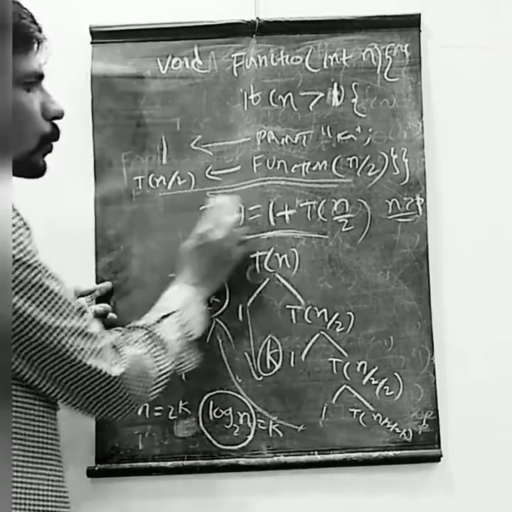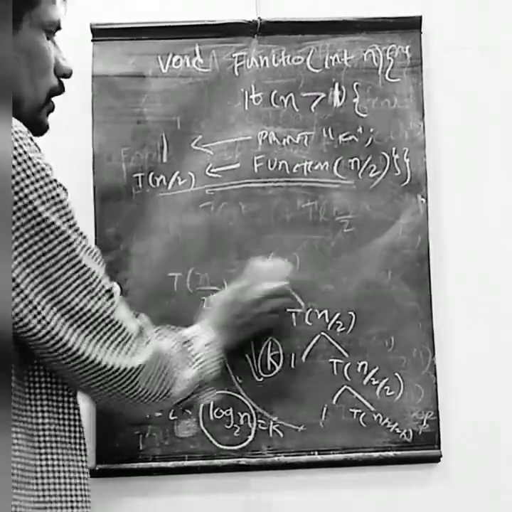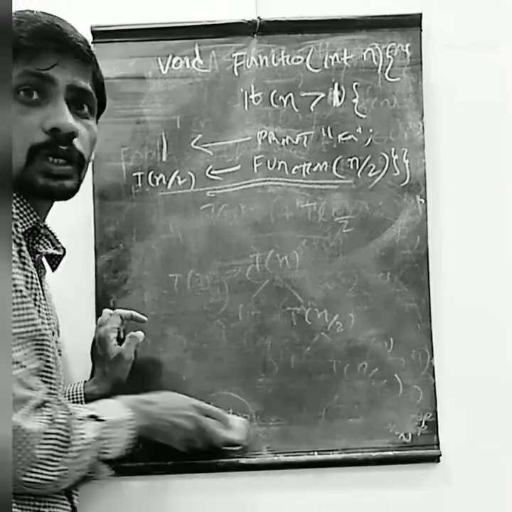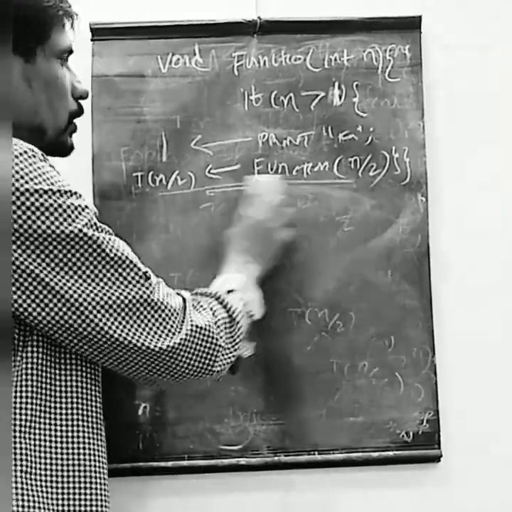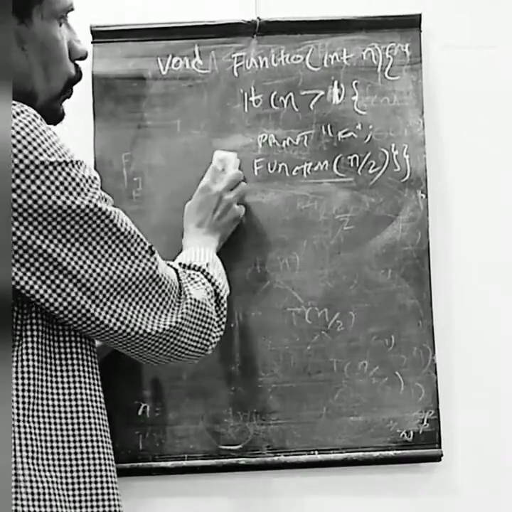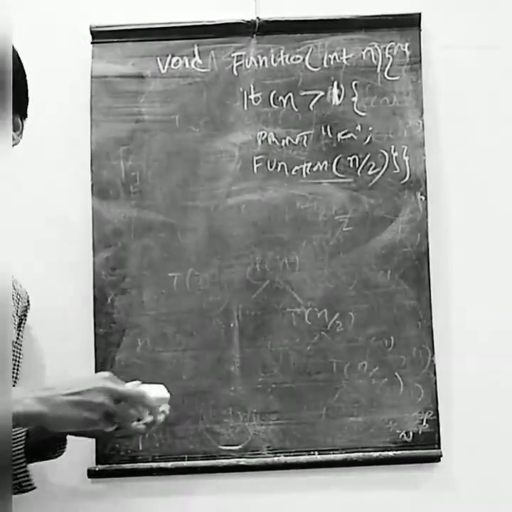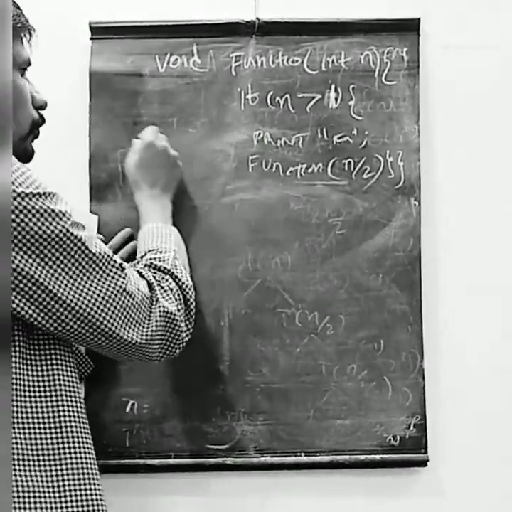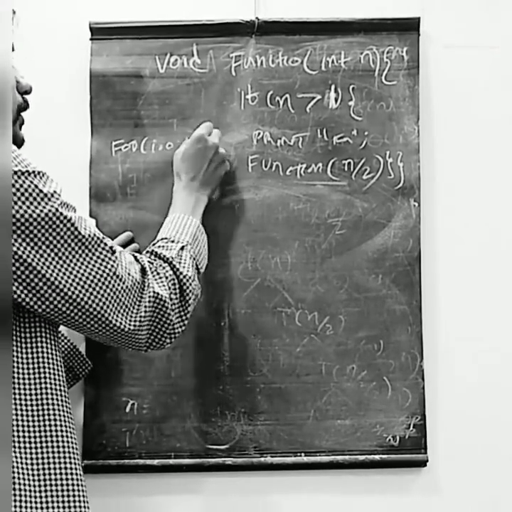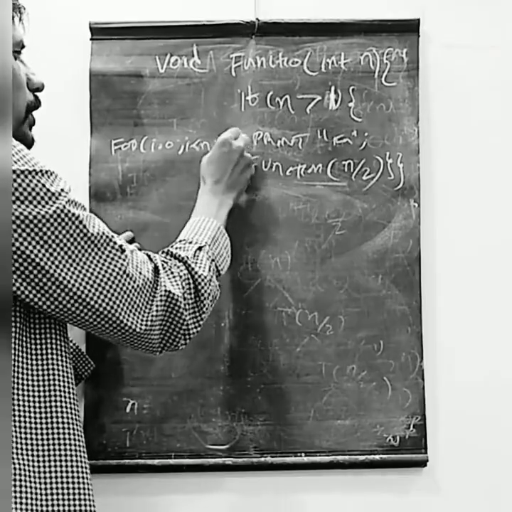Now we will do the same thing, using the same for loops we used for our decreasing order function. Instead of one simple print statement, we will use a for loop: for i equals 0, i less than n, i plus plus.